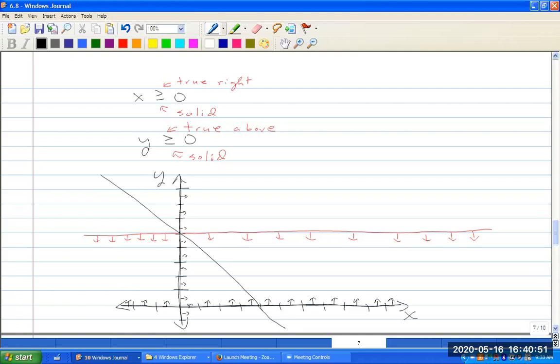And it's true below. So if I do that, I see that my feasibility region, that's why I didn't want to draw this too solid, is just this region here. And so it's going to look something like this.